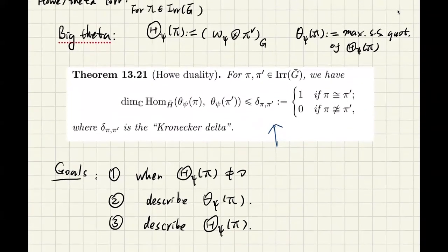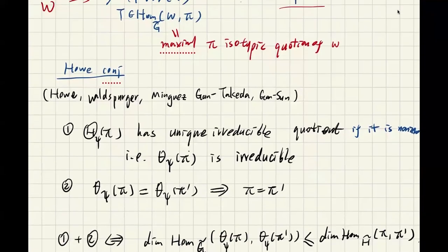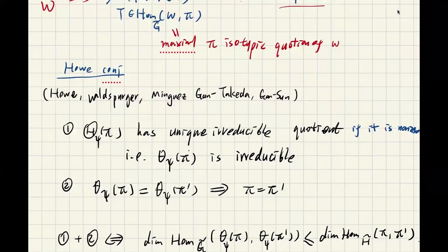Okay, so in general, this theorem was proved by Roger Howe for the Archimedean case, by Waldspurger for the p-adic case when p is not equal to 2, by Minguez for the type 2 dual pair, and by Gan–Takeda and Gan–Sun for the type 1 dual pair.